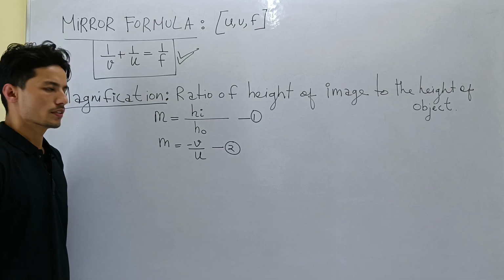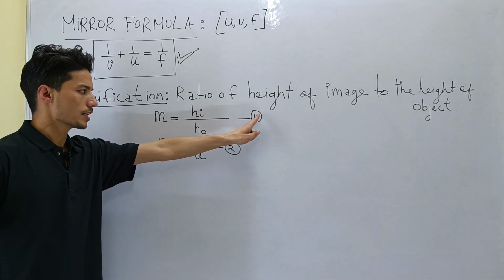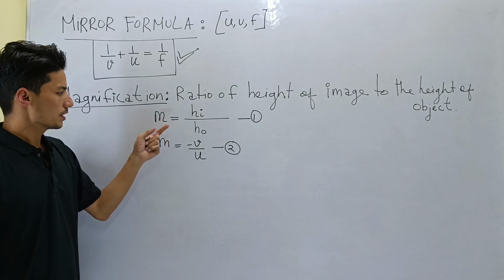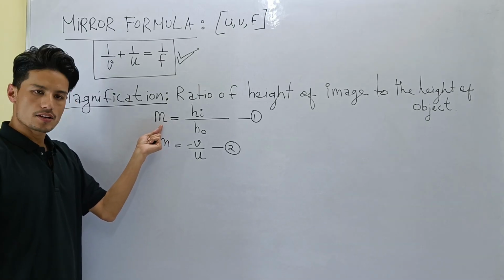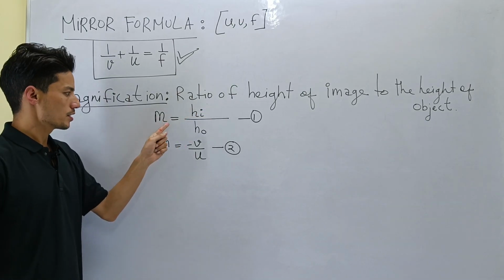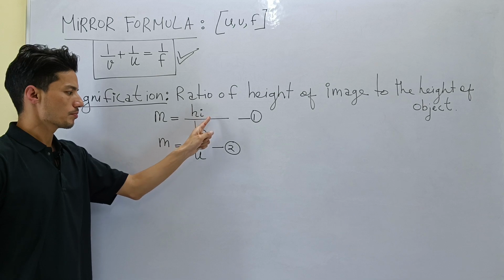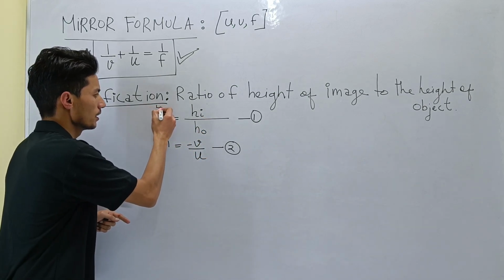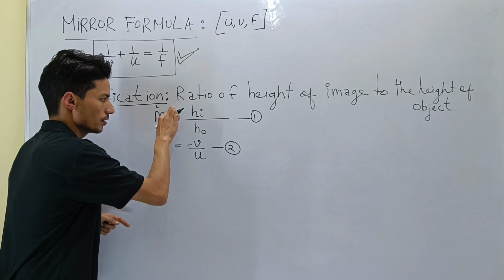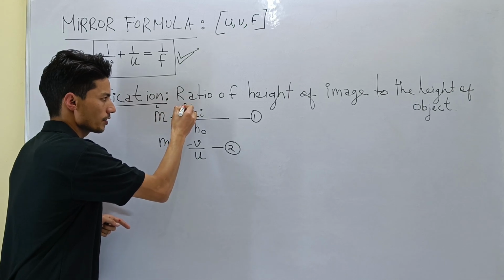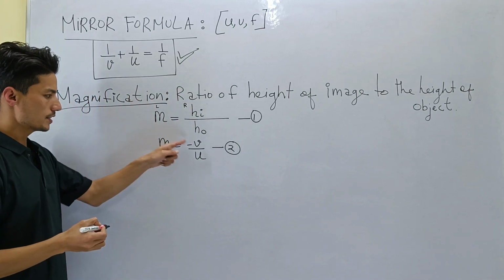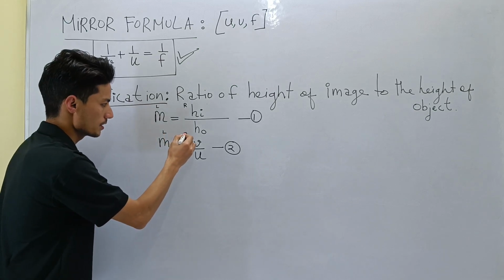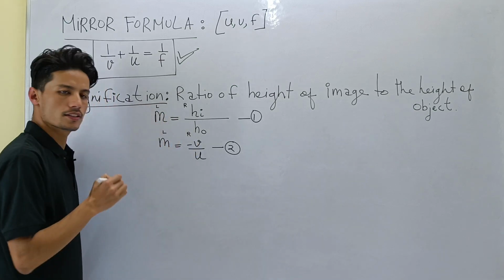Now look carefully at equation 1 and equation 2. Equation 1 is a formula for magnification. So M is equal to HI by HO. This is the left hand side, and on this side we have the right hand side. Second equation, this is again the left hand side, and this is again the right hand side.